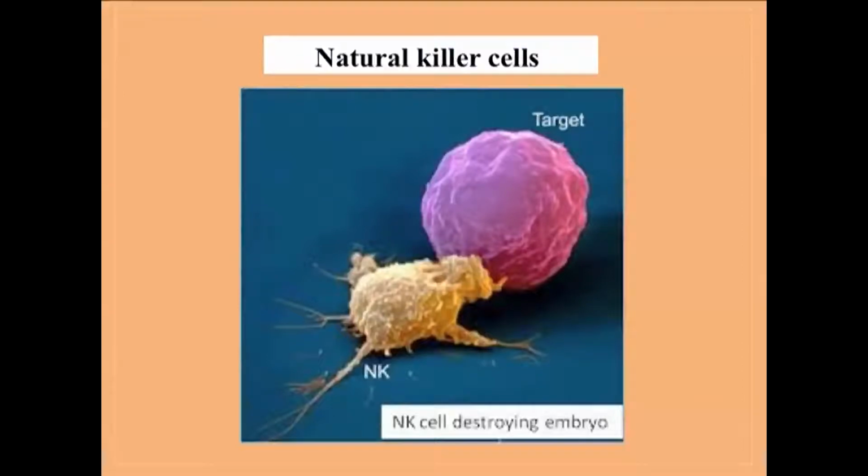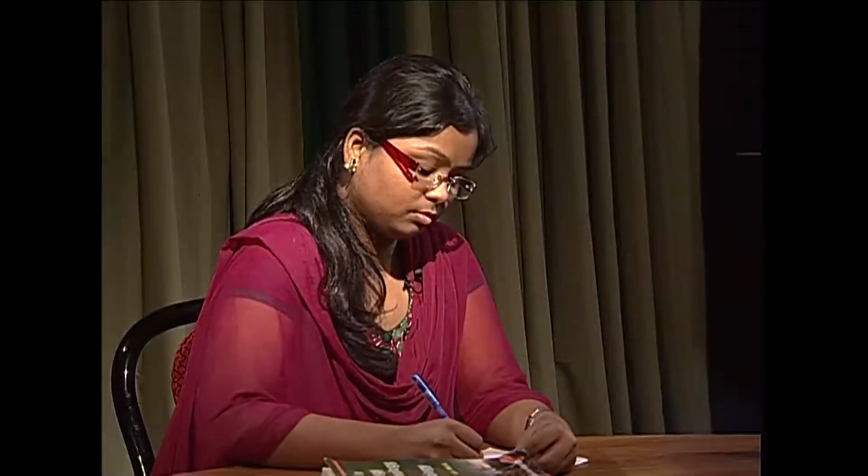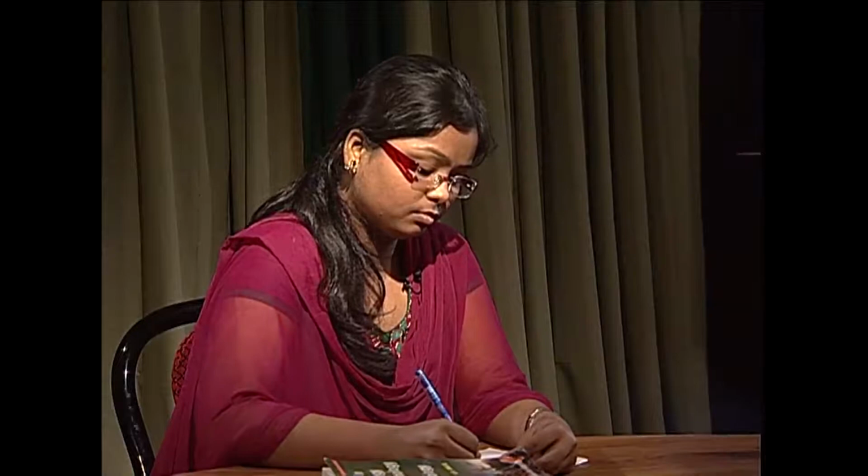Now, natural killer cells express a number of receptors on their surface. They don't have any receptor like the T lymphocyte or B lymphocyte, but they have a separate set of receptors on their surface. Two receptors are very important. One is called killer activation receptor or KAR, and the second one is called killer inhibitory receptor or KIR.